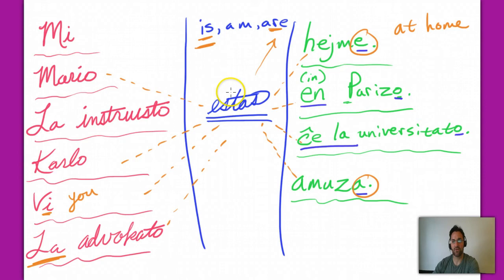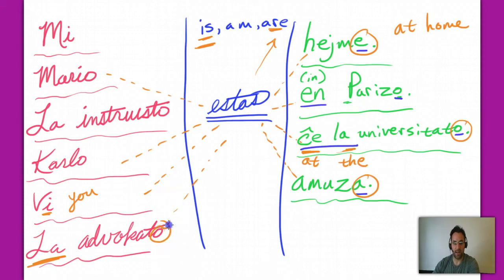Here's another sight or sound word, ĉe, so at and the. Need to remember those. Here's our noun, here's our verb. It can be is, am, or are. So the lawyer estas at the university. Is at the university.